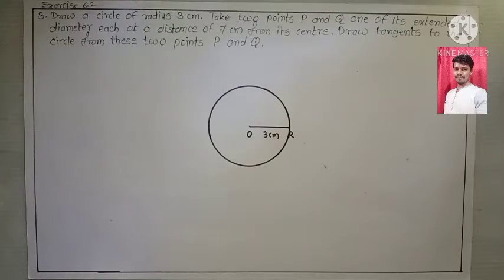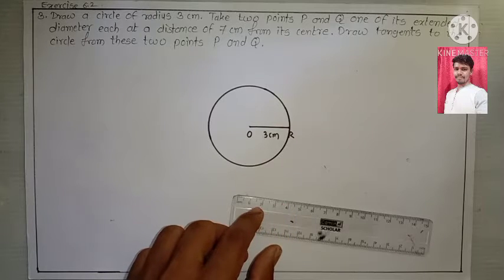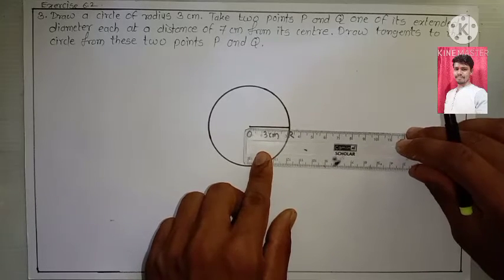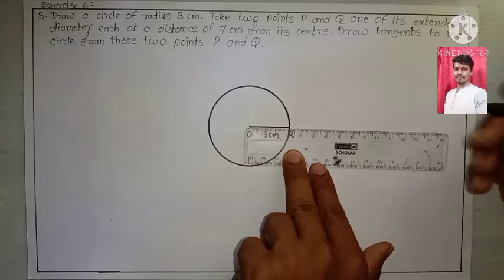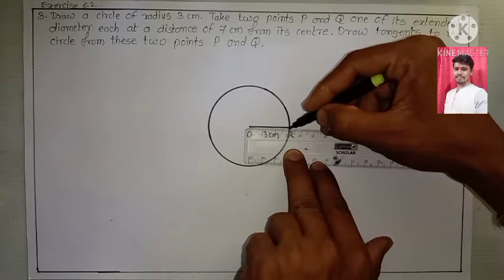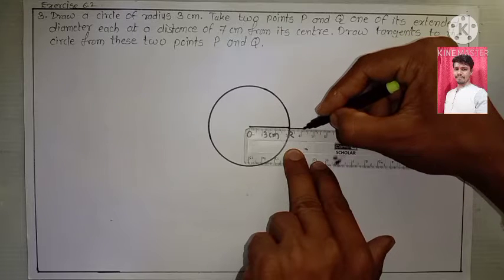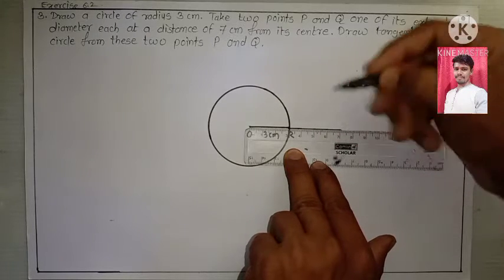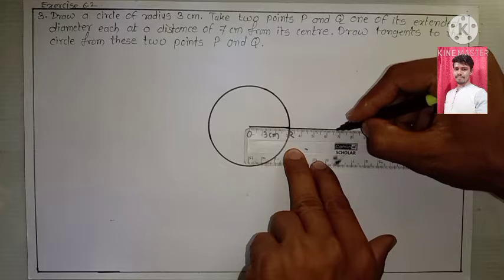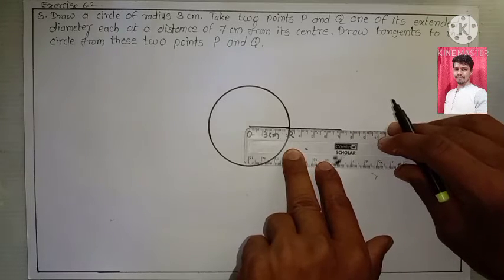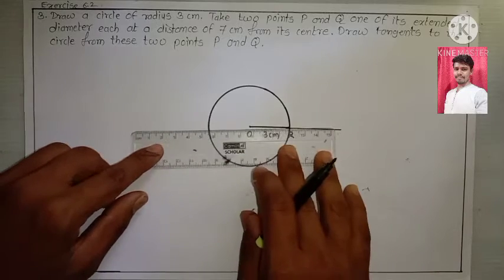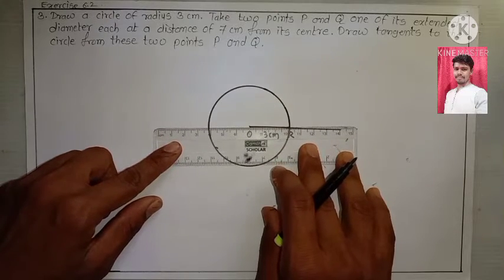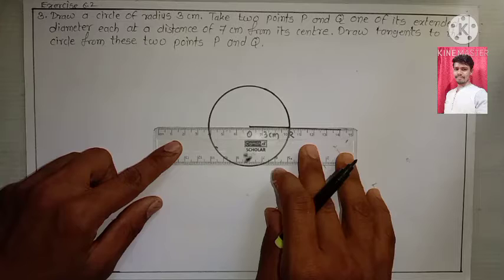Now step 3: extend this OR up to 7 cm to the left-hand side. It means from 0, this is 3, 4, 5, 6, 7. We extended 7 cm to the left-hand side and similarly 7 cm to the right-hand side. We extended this diameter to both sides at a distance of 7 cm.